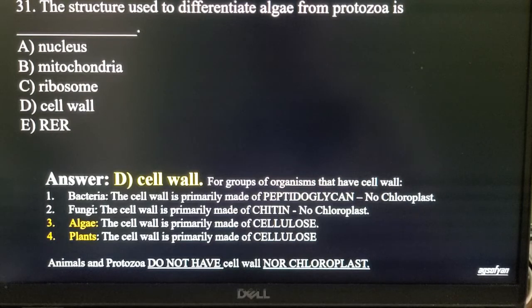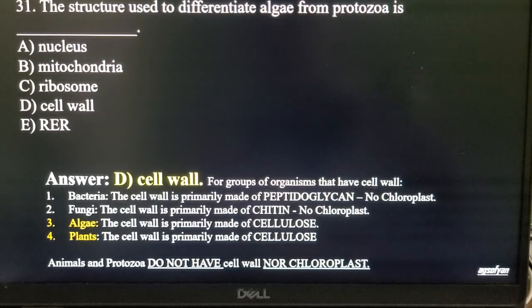So just for information, remember that there are groups of organisms that have a cell wall. The first one, bacteria. Bacteria have a cell wall, and the cell wall is made of peptidoglycan. Remember that. I already mentioned to you that the bacteria cell wall is made of peptidoglycan.